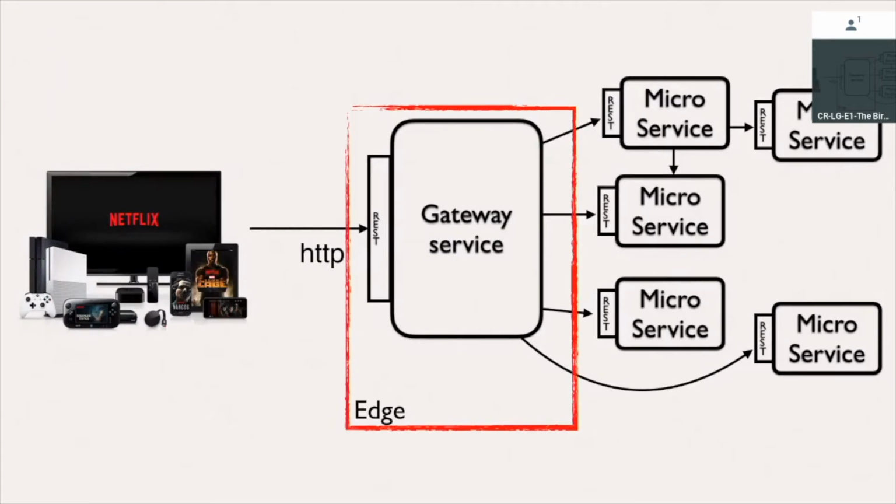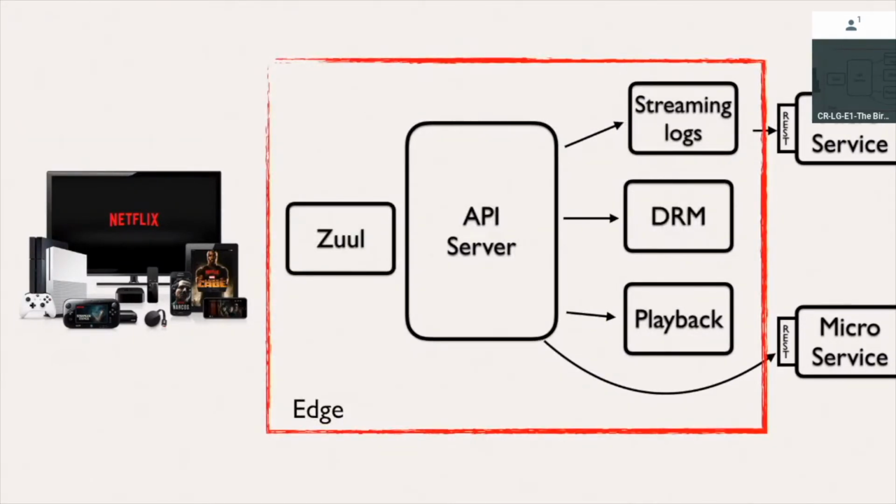So I talked about this term edge and what it actually means. I would say that part, you could call that the edge. And if you zoom in a little bit on what it means for Netflix, it's actually a little bit more involved. We have our front-end routing tool. We have our API server, and we'll zoom into there to see how that actually works. And some of our tier 1 services are part of edge as well.